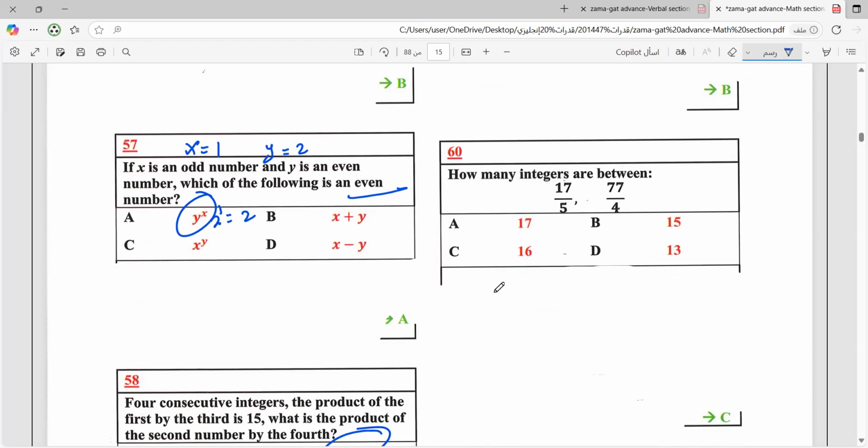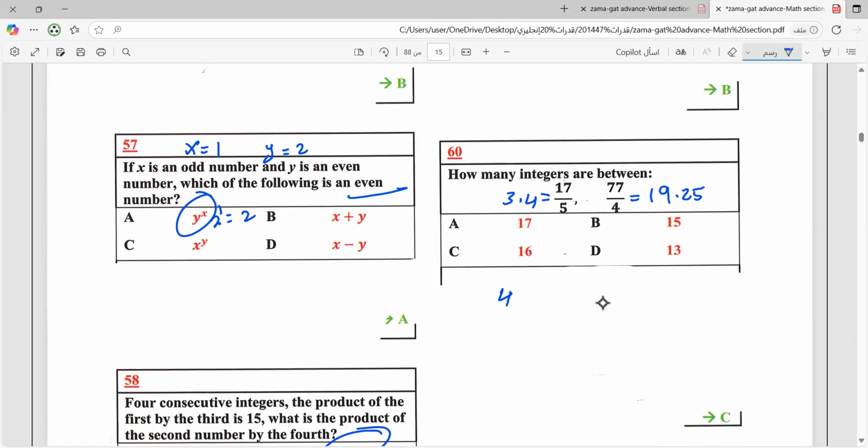Okay, number 60. How many integers are between 17 over 5 and 77 over 4? You divide first. 17 divided by 5 will be 3 and more, maybe 3.4. And 77 over 4 will be 19.25.